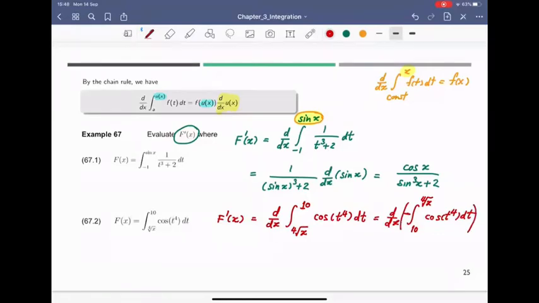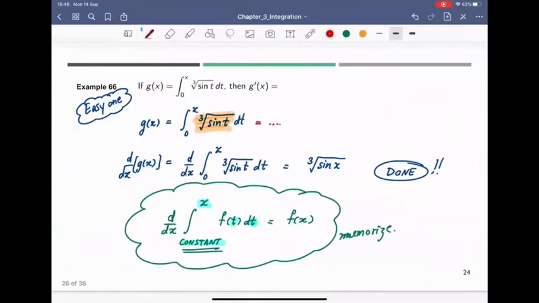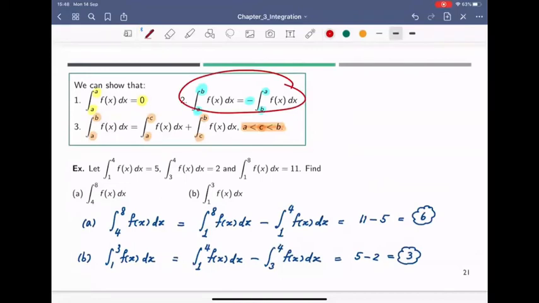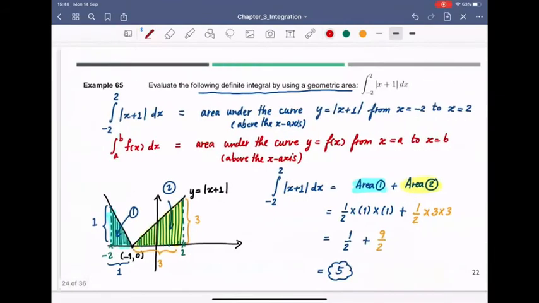I need a negative sign because if I want to switch an integral from a to b to b to a, I need a negative sign to swap it. Well, that's the property from the previous slide. So I'm going to use it here.